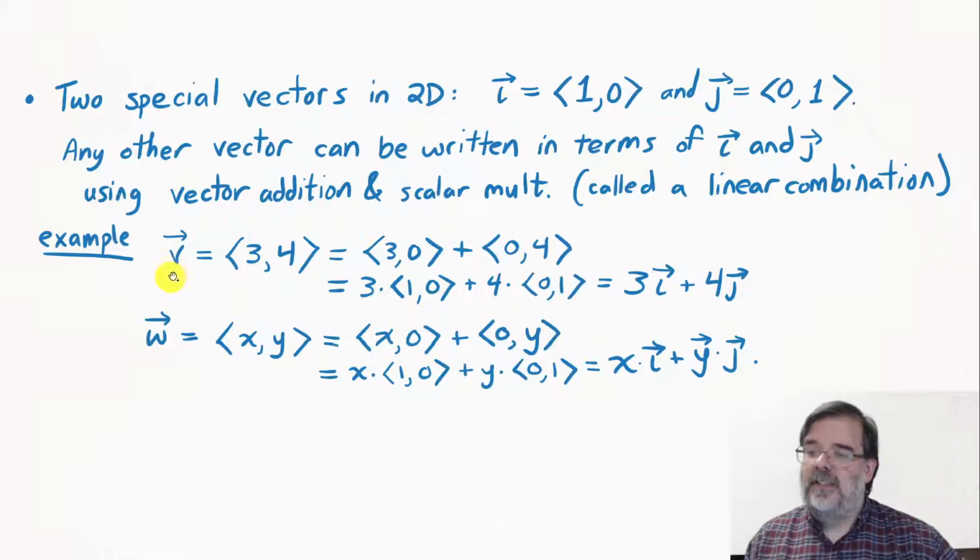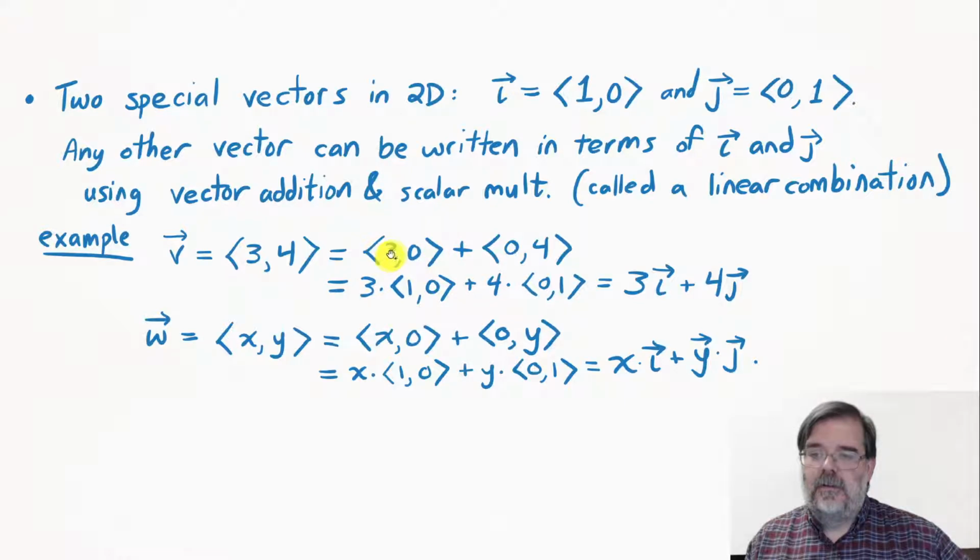So for example, let's say we have the vector 3, 4. We can actually use vector addition to break it up into the sum of 2 vectors. The vector 3, 4 is equal to the vector 3, 0 plus the vector 0, 4. And if you were to add these vectors together, you'd be back where you started.